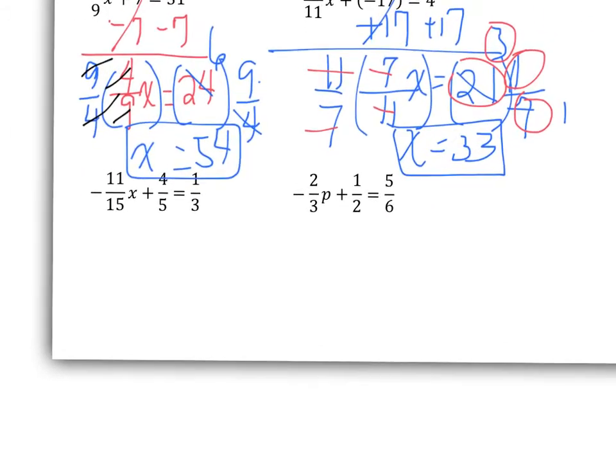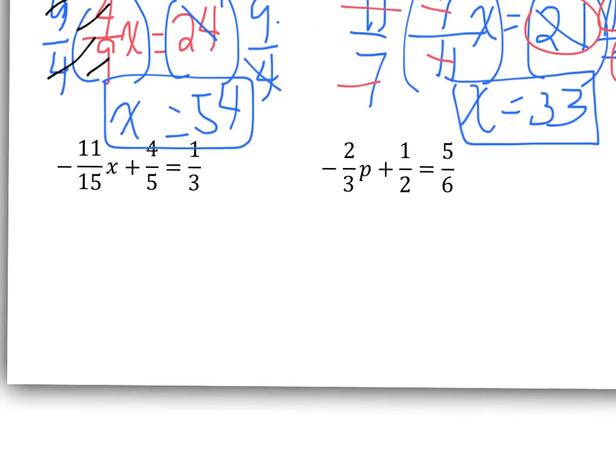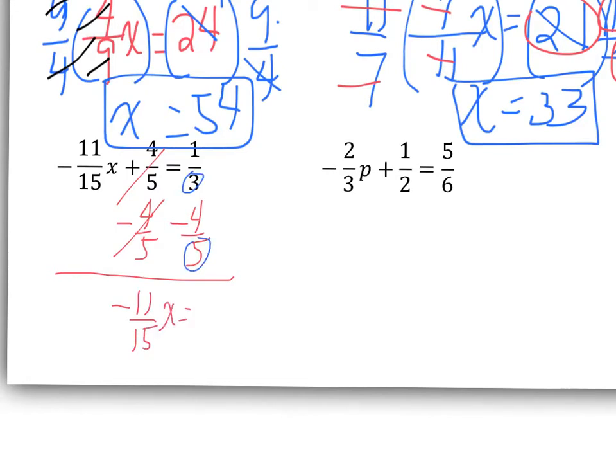Okay, and for our next problem, I'm going to show you two ways. You can first subtract both sides by 4/5. Okay, cancel. Copy down negative 11 over 15x. And here you can see that we have different denominators, so we need to rewrite it with the same denominator.